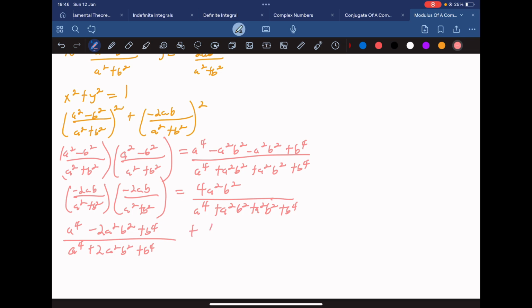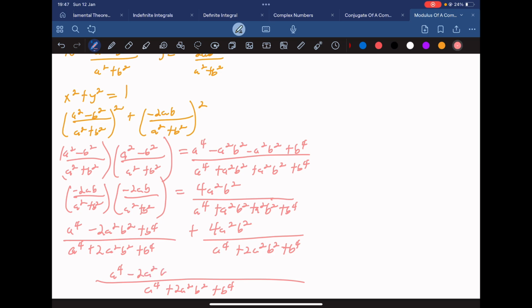Then we are adding this now, so we have 4a squared b squared over a4 plus 2a squared b squared plus b4. So now since we have a common denominator, we can write one big denominator, right? So we can have a exponent 4 plus 2a squared b squared plus b exponent 4. And all that we have to do is to just add in the numerators, since the denominators are the same. So plus b exponent 4 plus 4a squared b squared.